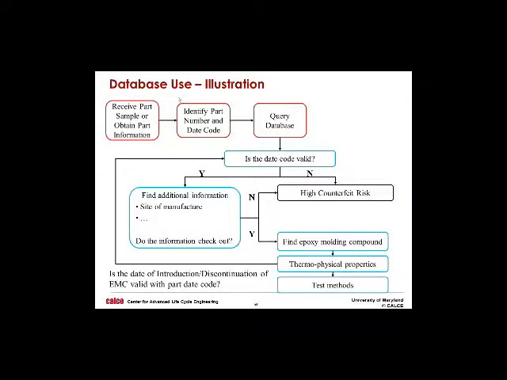So when I get a part in hand, I can query by the part number and date code, find what the mold compound is, find what its properties are, and make a quick judgment on whether or not that part is of high counterfeit risk. So this is something which is different from the many inspection techniques. This is one check and we can make a risk assessment. But for it to work, we need this database.